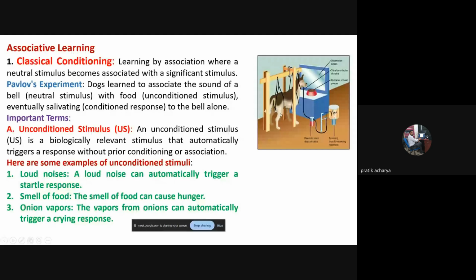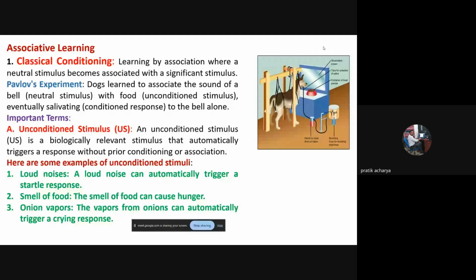Here, Pavlov did an experiment on this part. At a particular time, he rang a bell, and at that time the dog was eating meat powder or some kind of dog food. What happened?